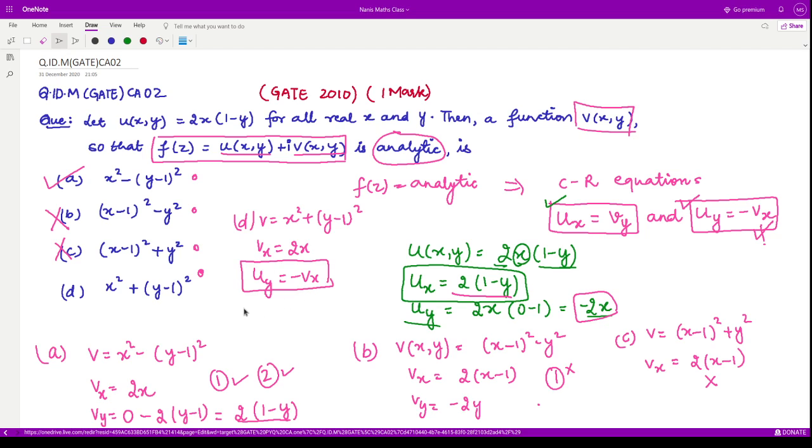Now let us calculate v y. v y in this case comes out to be 2 into y minus 1. Is it equal to u x? u x is 2 into 1 minus y. These two are not equal, so the second condition, u x equal to v y, is not satisfied in this case. Therefore option D is also not correct. So the only correct option in this case is option A.